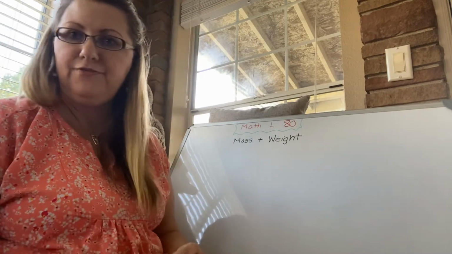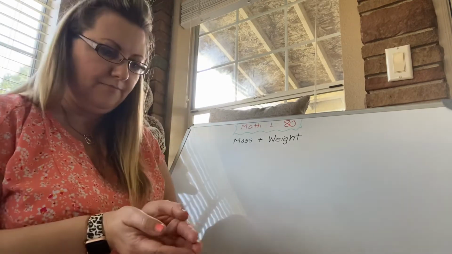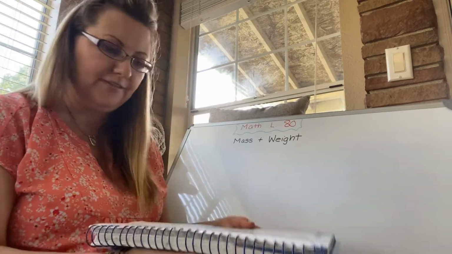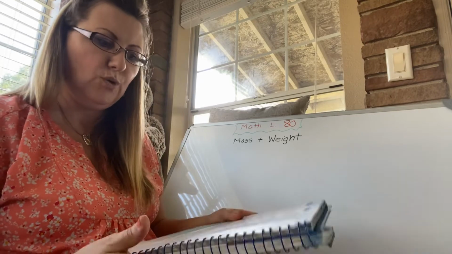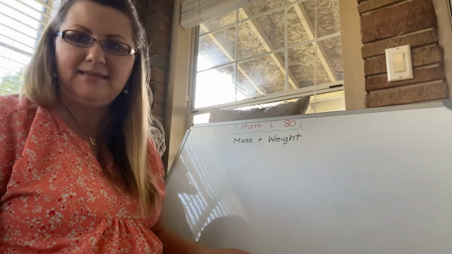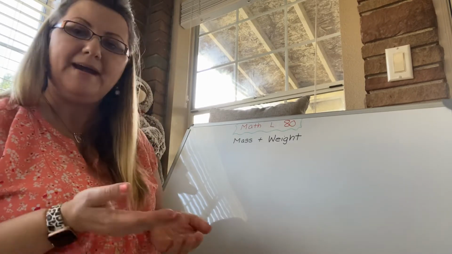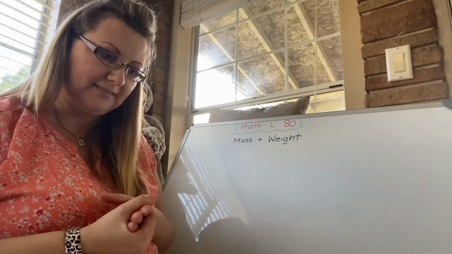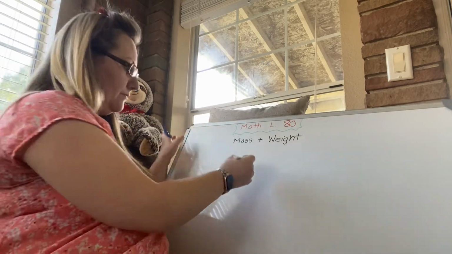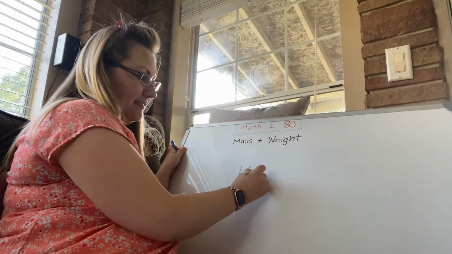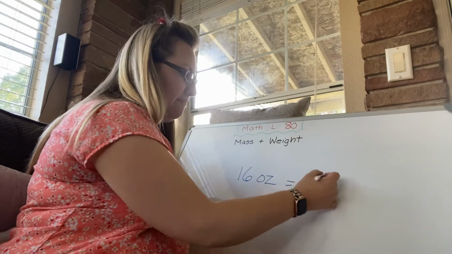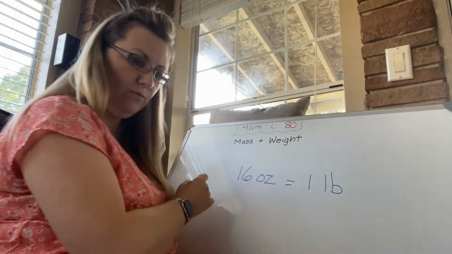Okay, now if you take your own math book, pick it up for a second. Mine's a little bit heavier as my teacher's book, but your book weighs about 2 pounds. And so the first question is, 2 pounds is how many ounces? Okay, and we see that 16 ounces, as I'm going to write here, equals 1 pound, 1 lb.